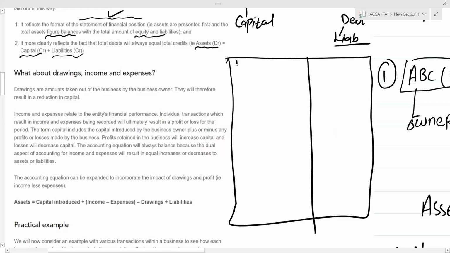One is DEAD, the second one is CLIC. Here, the first D is for debit. We will debit expenses, assets, drawings.